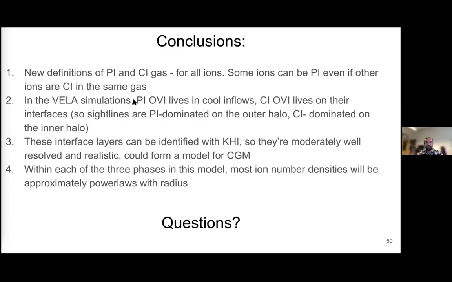So for low ions like magnesium 2 or silicon 4, and I don't know exactly which, but any low ions that are lower than oxygen 6, you might have them in tinier clouds that might not be fully resolved. We think this shouldn't have a huge impact on the higher ions, but once you get to lower ions, you're going to have smaller and smaller clouds, and the closer they are to your resolution limit, the more likely you are to not see them or see them wrong and not be able to use them. So that's the main reason we started with oxygen 6. Also because there is a lot of debate about whether it's collisionally ionized or photoionized.